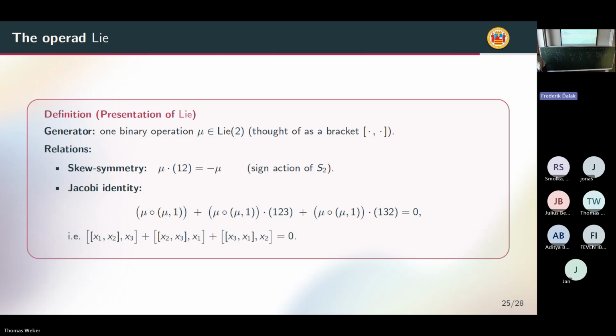Here we just have a minus, and then we have the Jacobi identity, which can be drawn like this: 1, 2, 3, plus.